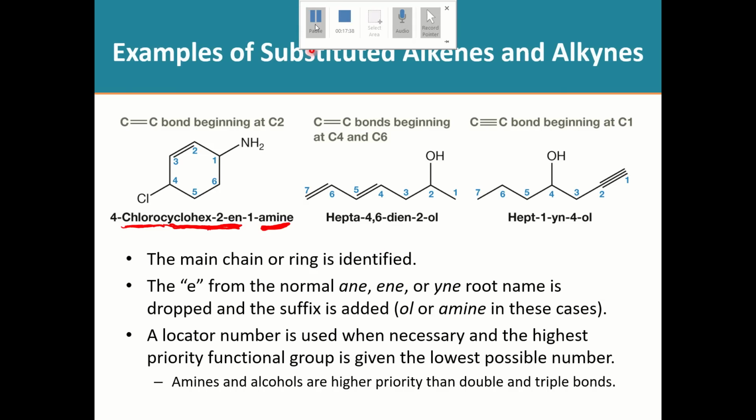And because we have 2 alkenes, we have to add the di. And the 4,6 tells us where those alkenes are, and the 2 tells us where the alcohol is. So very straightforward. The only thing that we're adding now that's different is the suffix.